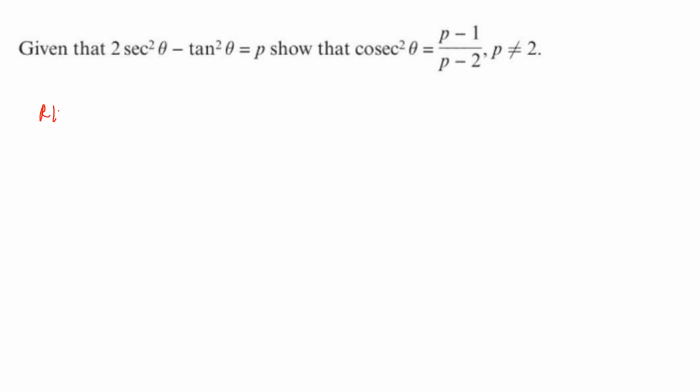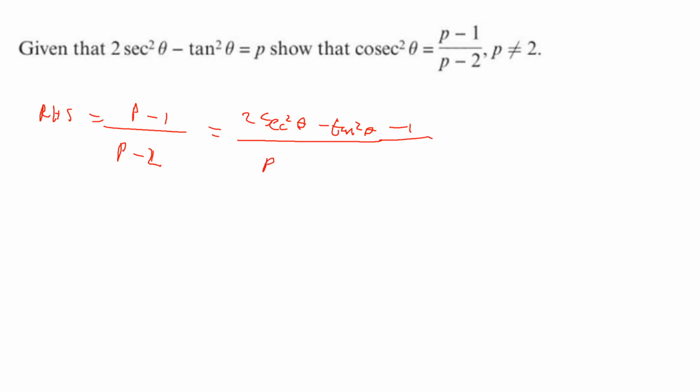So right hand side is equal to p minus 1 over p minus 2, which is the same as 2 sec squared theta minus tan squared theta minus 1 over 2 sec squared theta minus tan squared theta minus 2.